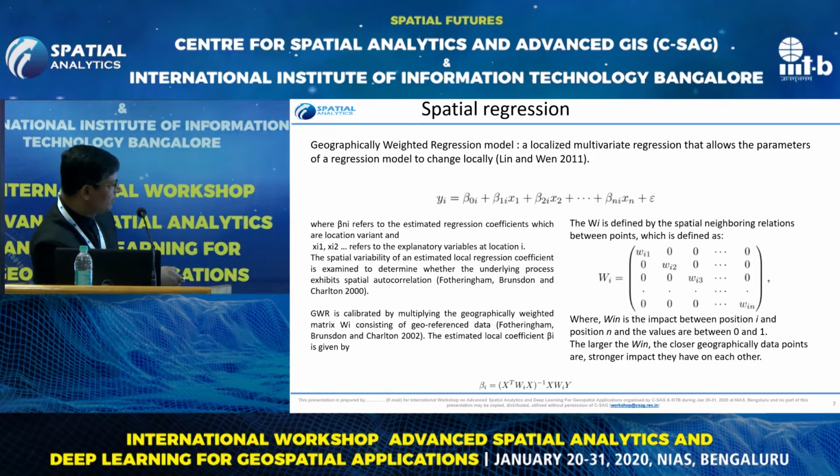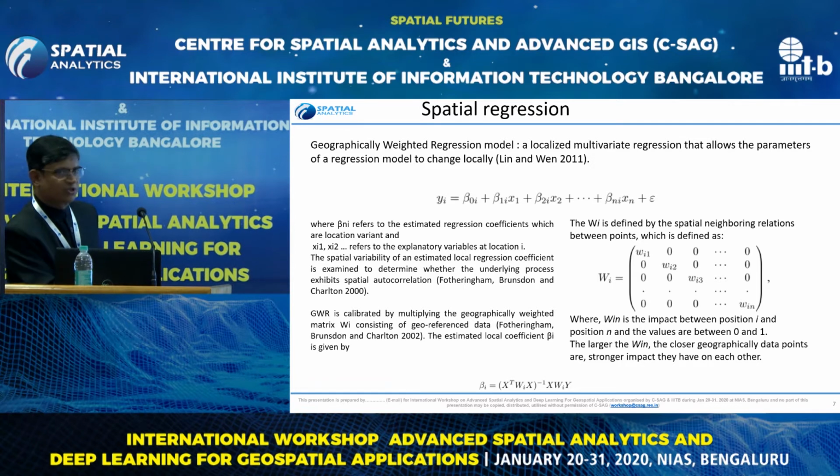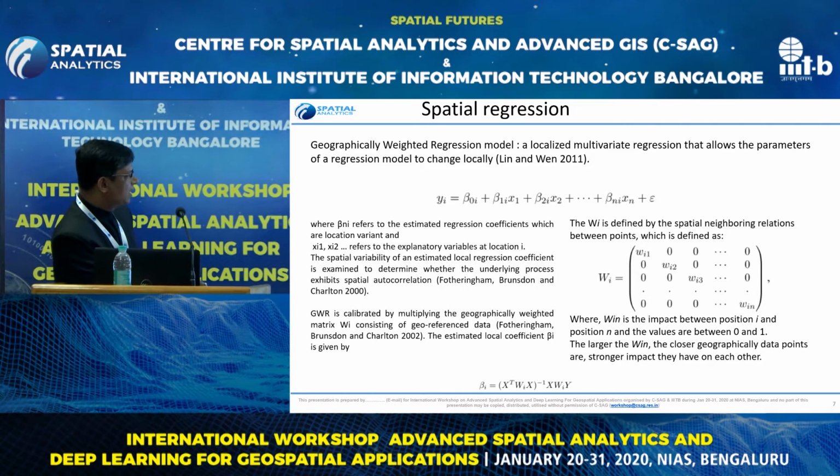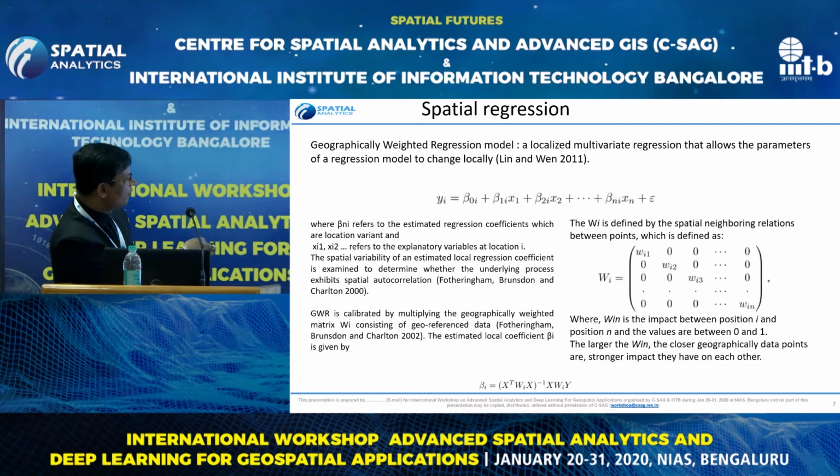The spatial variability of an estimated local regression coefficient gives you the spatiality of your data, to determine whether the underlying process exhibits spatial correlation. For the geographically weighted regression model, first you have to calibrate it.